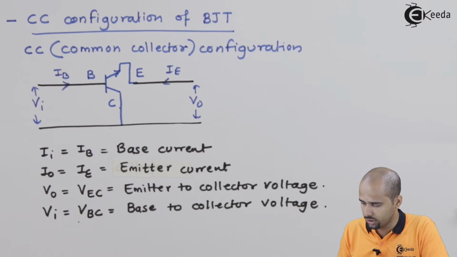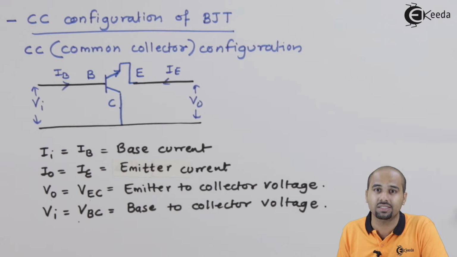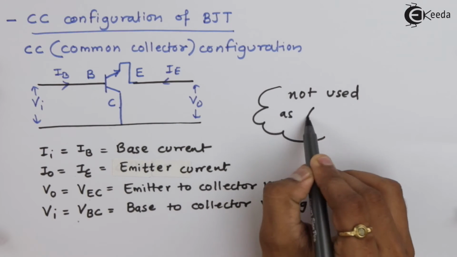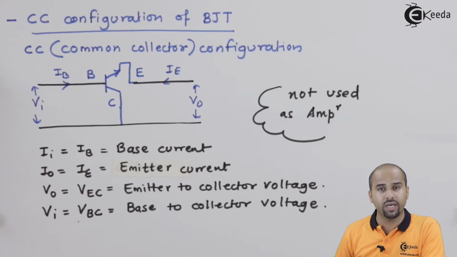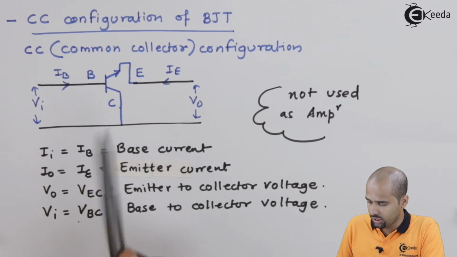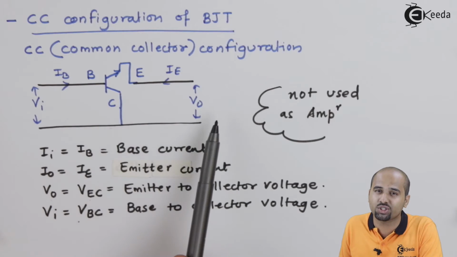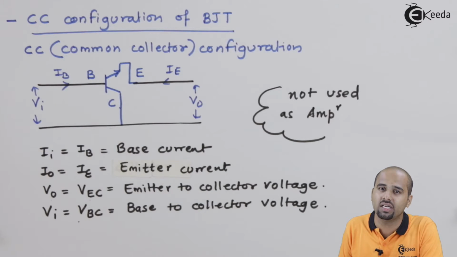Now we will move further to whether CC is used for amplification or not. So the answer is no. Again, in this second configuration as well, I cannot use this CC configuration as a complete amplifier. Why? This is because the voltage gain is very less.